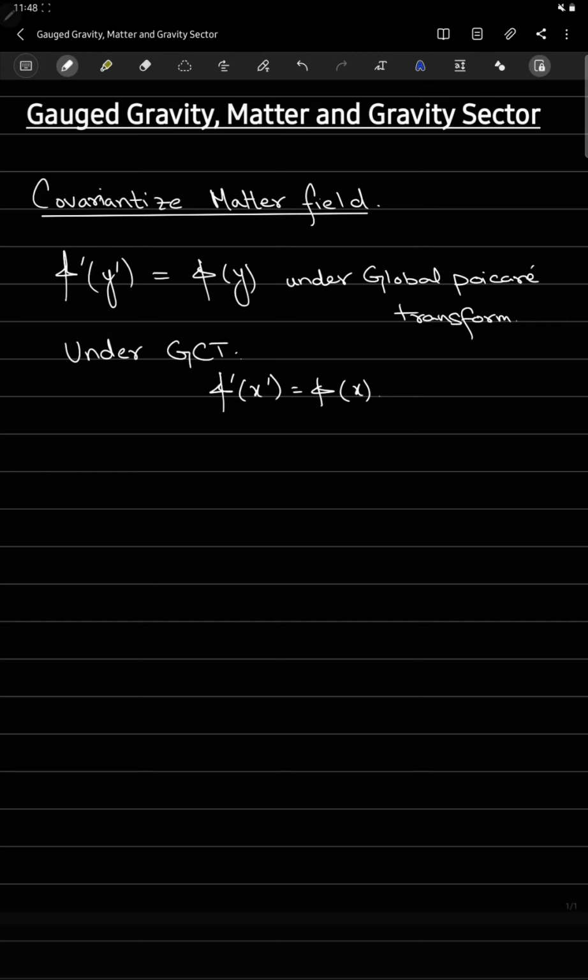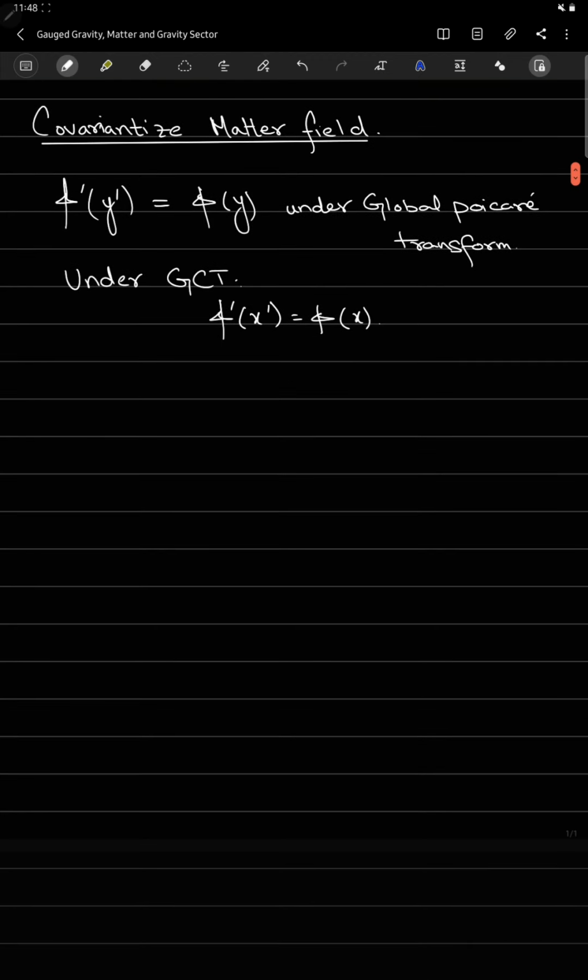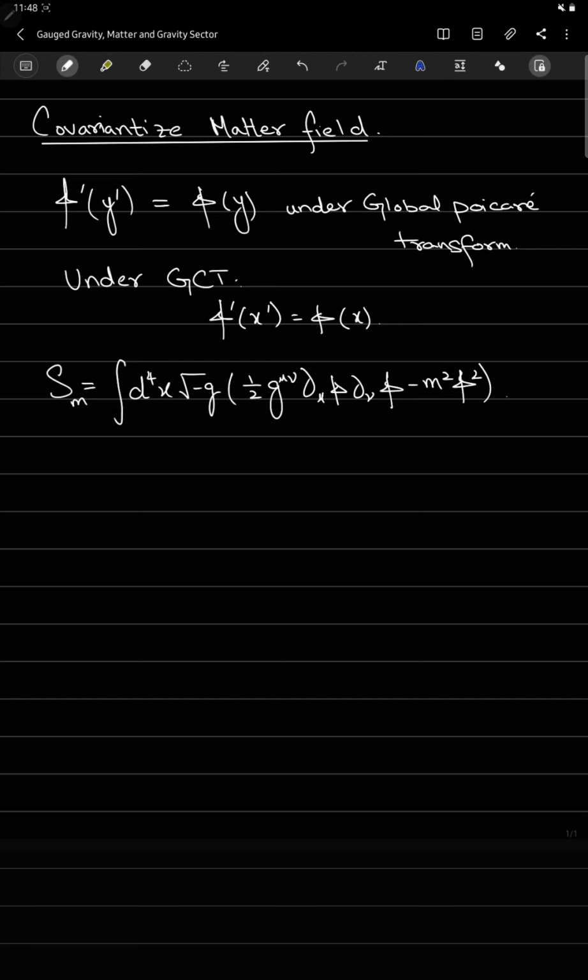Now with this and our previous discussion, the invariant matter action will read as the integral d4x square root minus g, 1 by 2 g mu nu, where this g is the determinant of this matrix G mu nu, partial mu phi partial nu phi minus m square phi square. This is a familiar action.